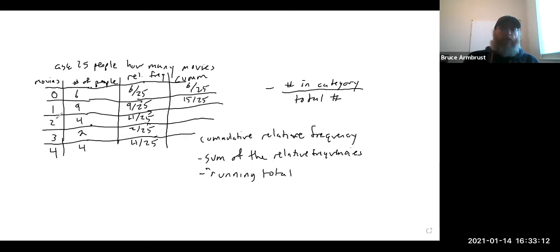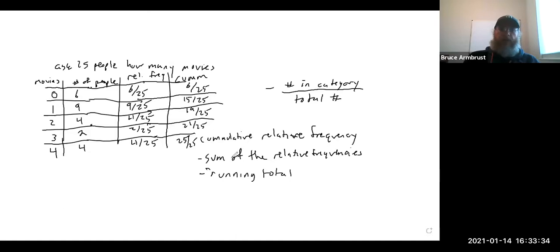Once we get to 2, we have to add up how many did 0, 1, or 2 movies. So that'd be 6 plus 9 plus 4, which is 19 25ths. The next one's going to be 21 25ths. And the last one's going to be 25 25ths.